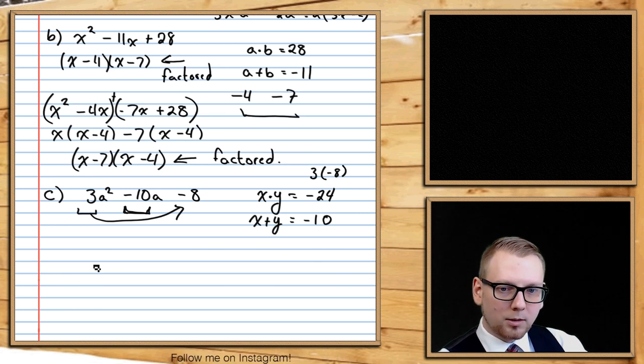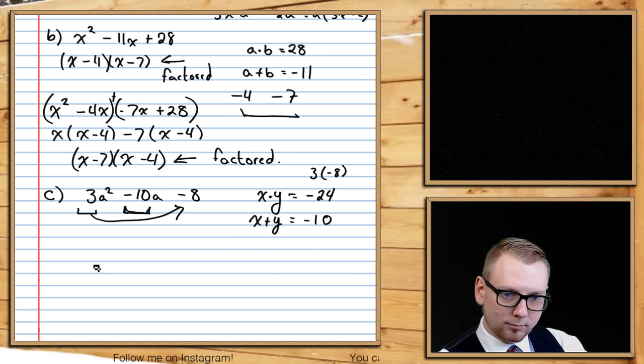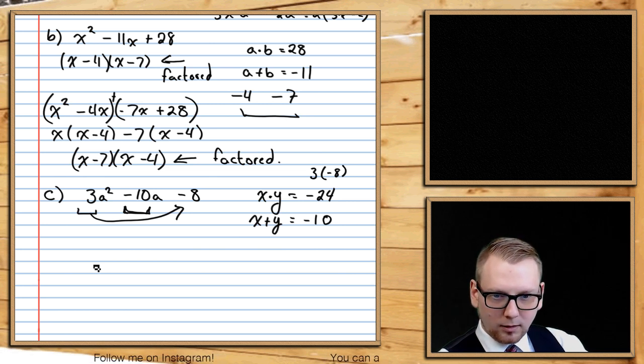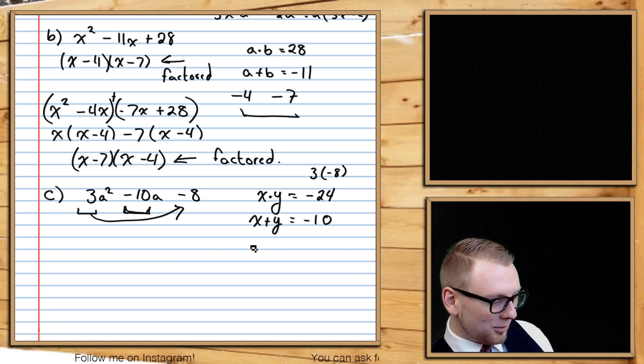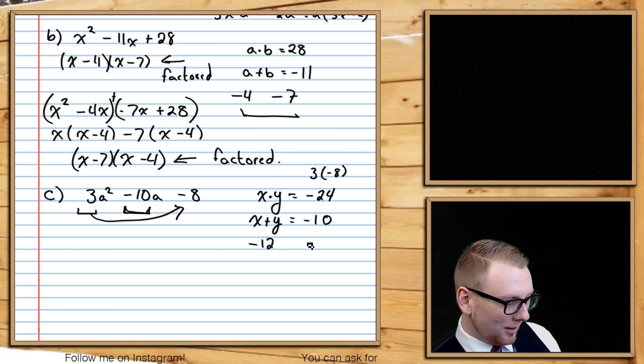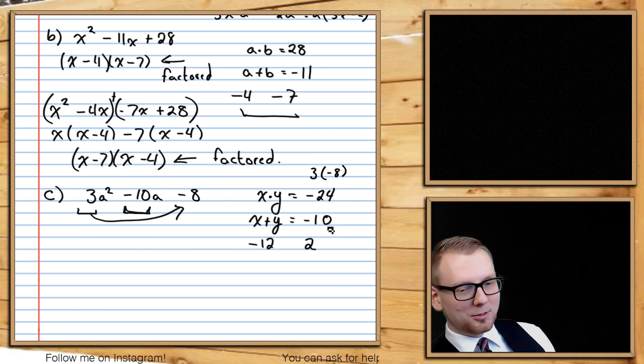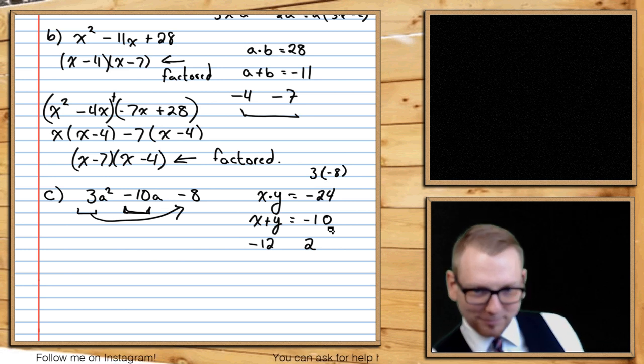Yeah, only with the multiplication. So, yeah, -12 and 2 works because -12 plus 2 is -10 and -12 times 2 is -24. You got it.